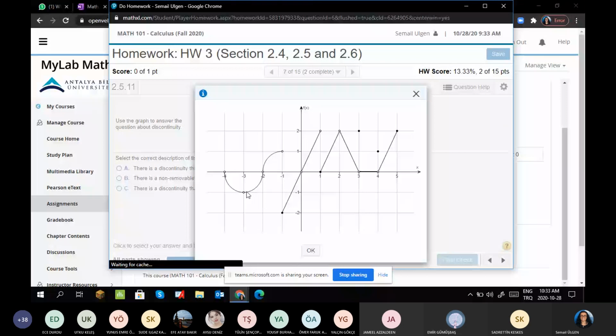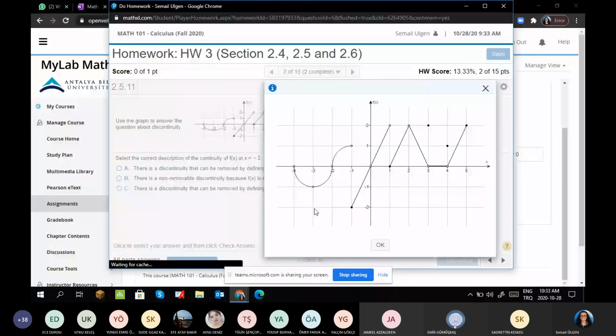Do you see that? And which part of the continuity test failed at -2? Can anyone say?